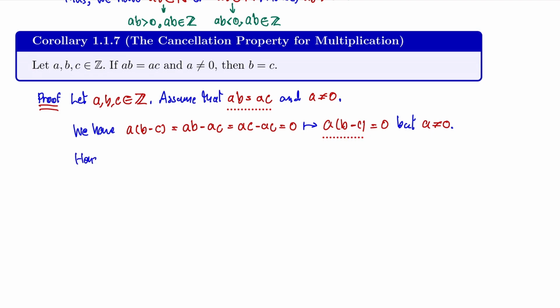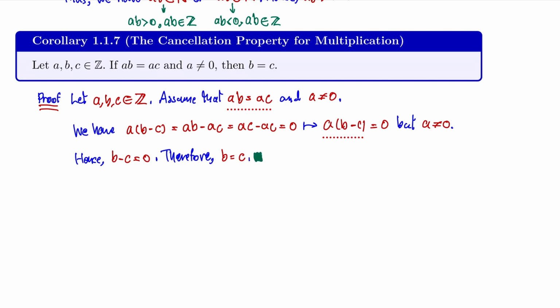Hence, b minus c is 0. Once b minus c is 0, what do we have? If the difference of two numbers is 0, those two numbers are the same, right? So b is c. That's it.